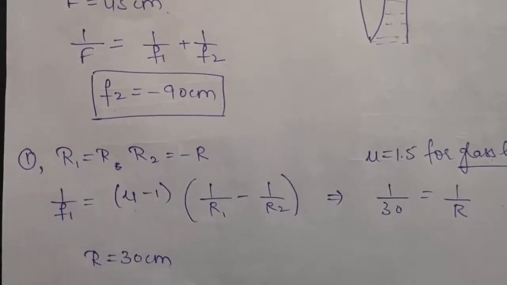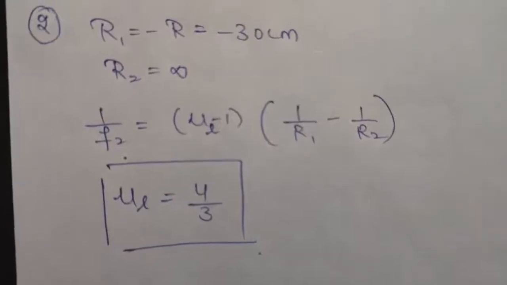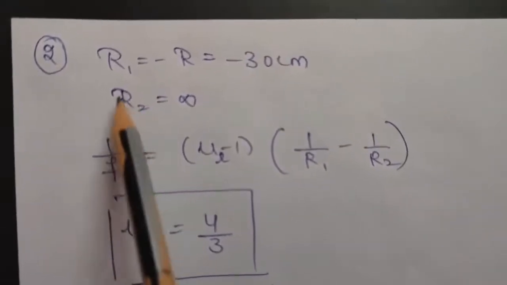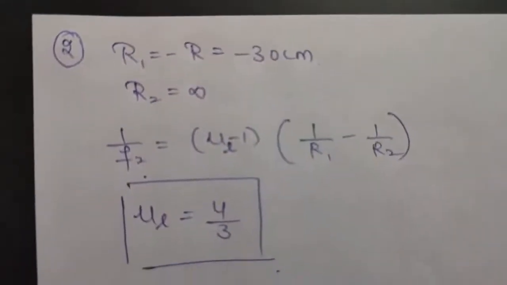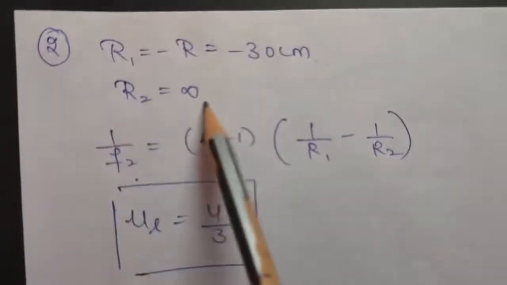Now let us consider the second lens. Because it is a plano-concave lens and R1 for a concave lens is negative, R1 will be minus R, that is minus 30 centimeters. The other side of the plano-concave lens is plane, so R2 will be equal to infinity.